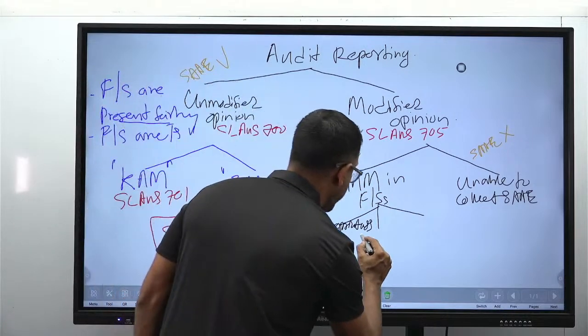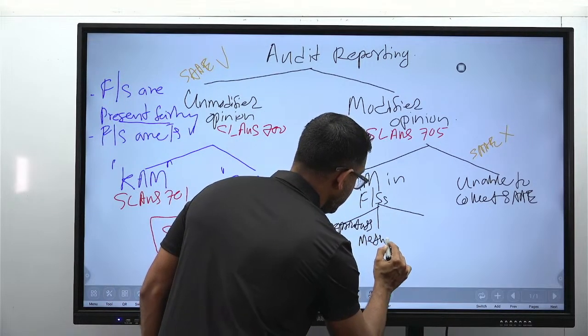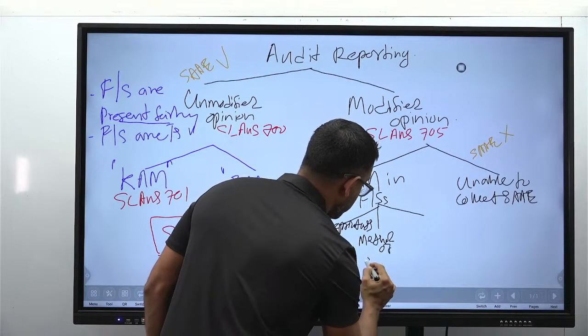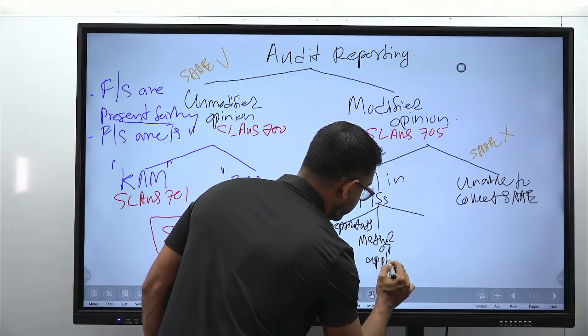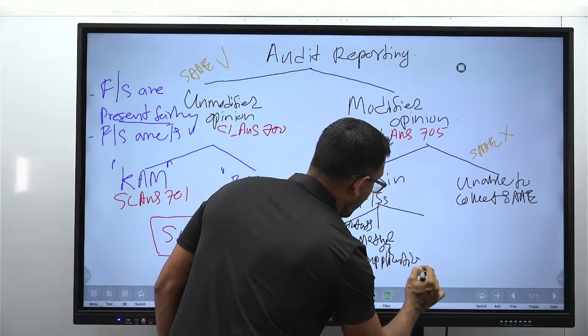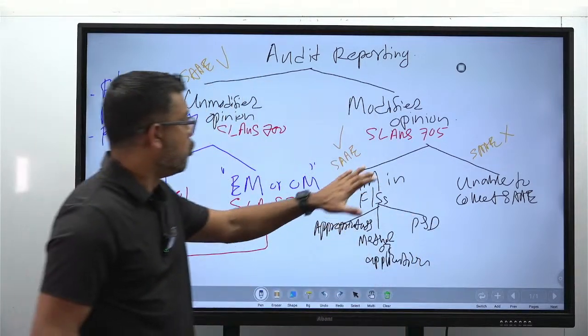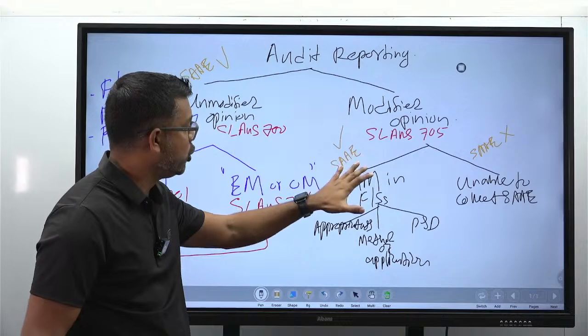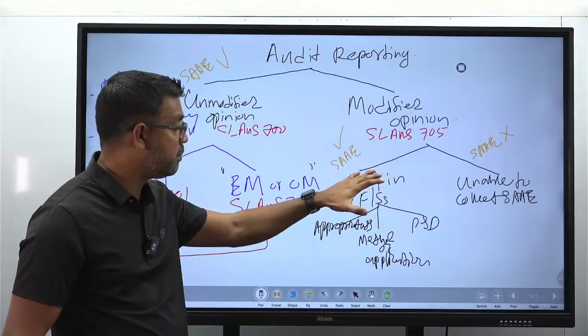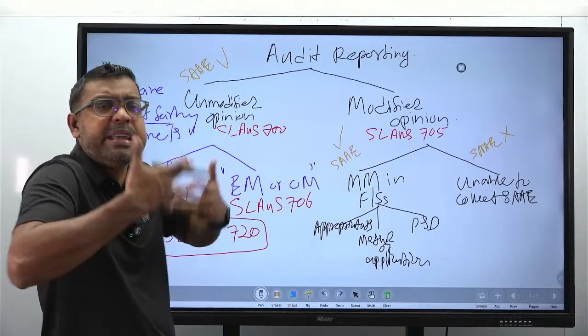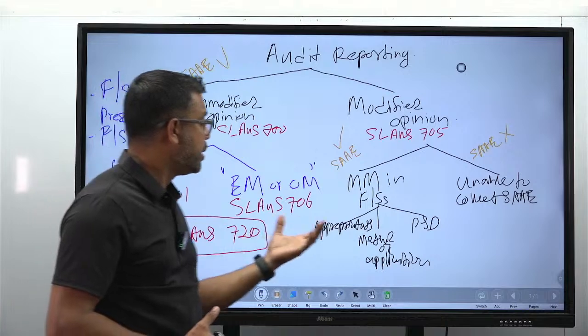Or method of application. Or presentation and disclosures. What do you mean by these three? So why have we ended up with material misstatements? Because of what?